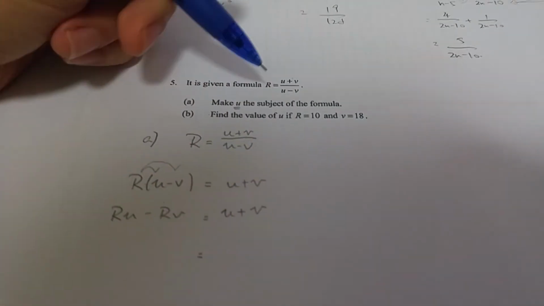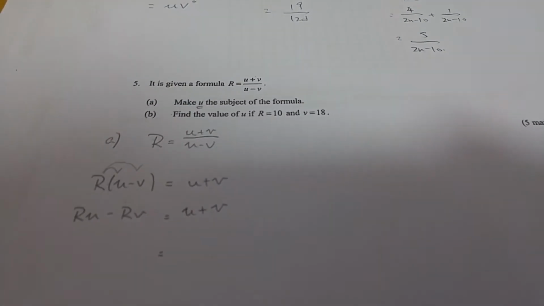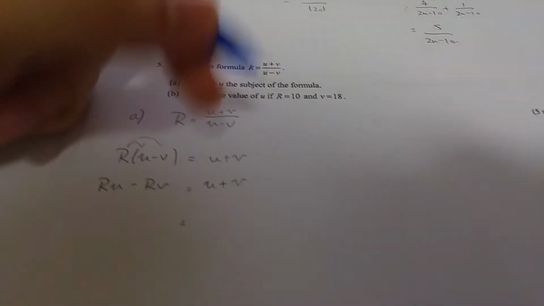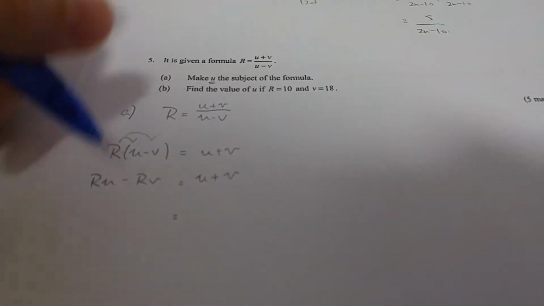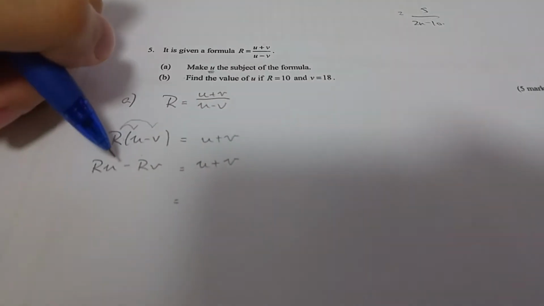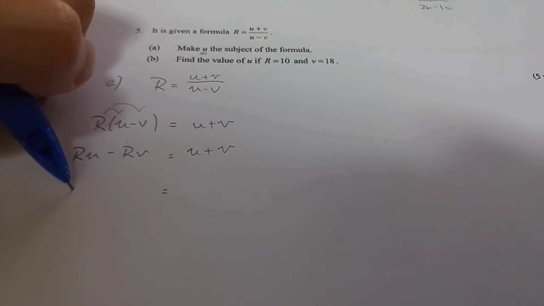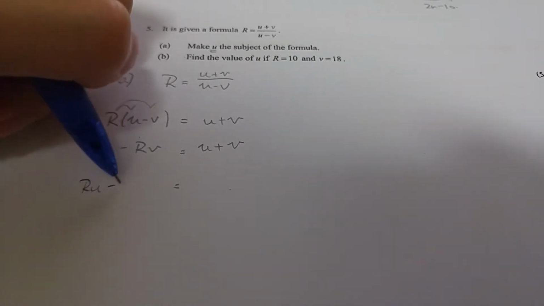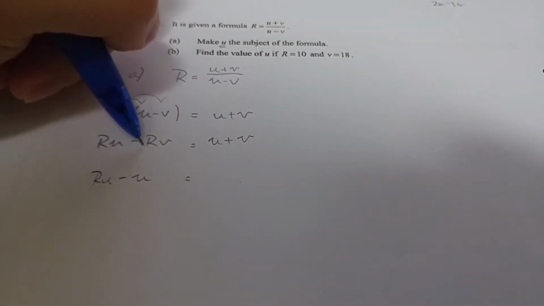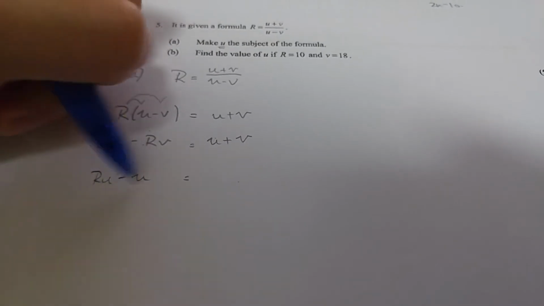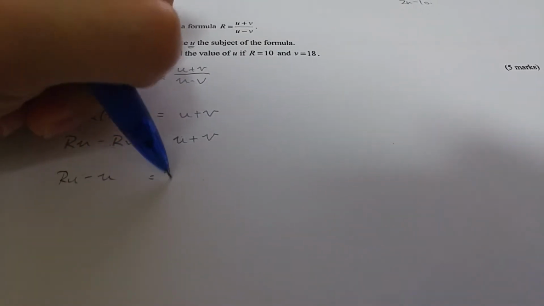So as you are going to make u the subject, what we are going to do is put u on one side and put everything other than u on the other side. So this u transfers to here, which gives you this one, and this transfers to the other side.